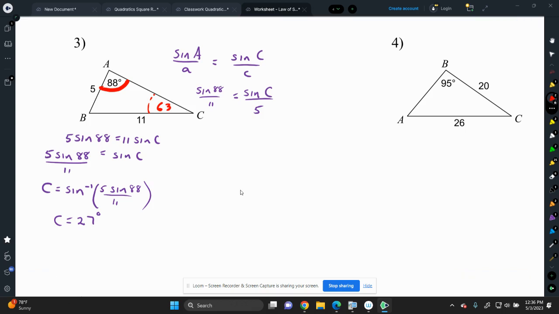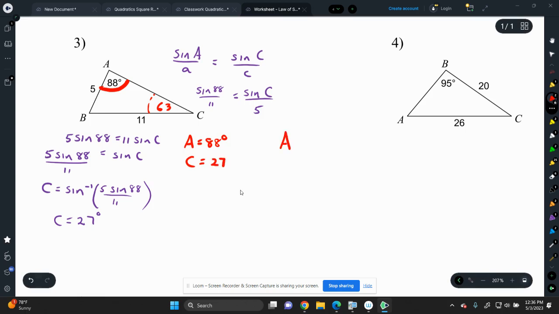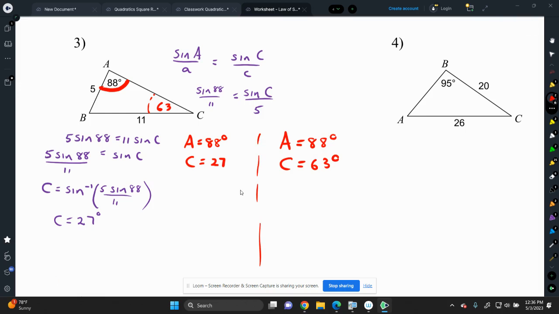So that means we would have to solve both triangles. We'd have to solve one triangle that has an angle A equal to 88 degrees and an angle C equal to 27. And we'd have to solve another triangle where angle A was 88 degrees and angle C was 63 degrees. And we would have to do 2 separate triangles and figure it all out from there. Okay?